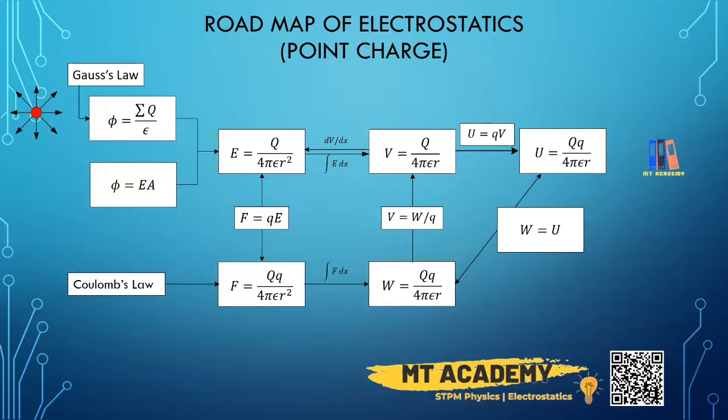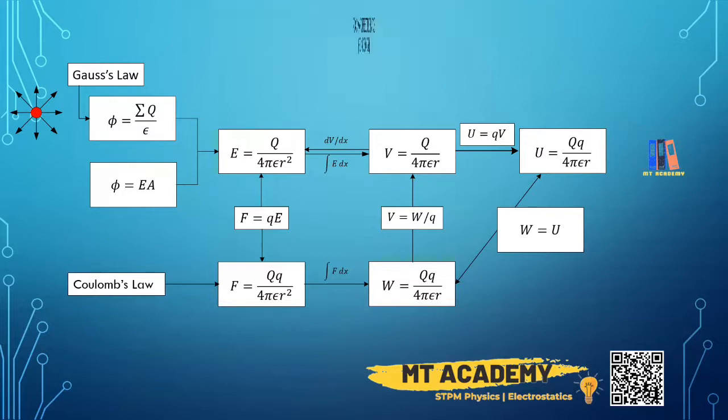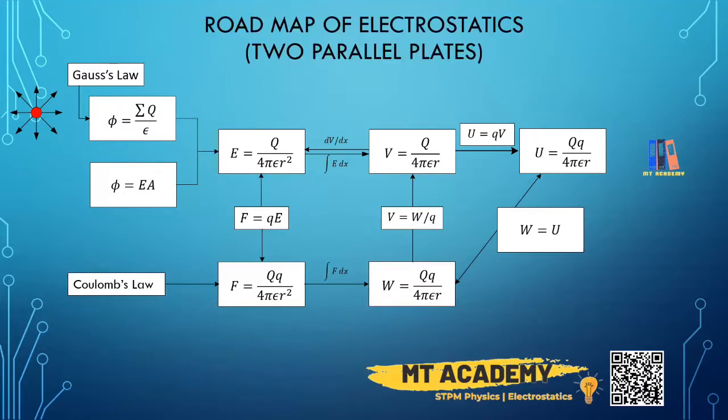Next, we're going to talk about the roadmap of electrostatics for two parallel plates. You should have seen parallel plates in a lot of questions in trial papers or in your textbook. First, we have learned that an electric field is produced between two charged plates connected to a potential difference.